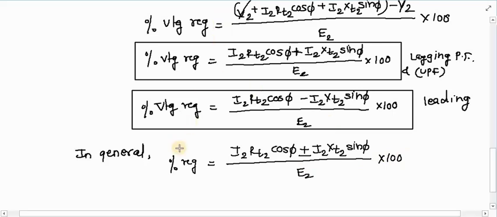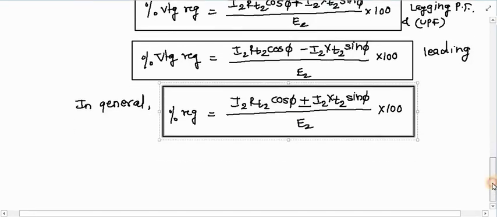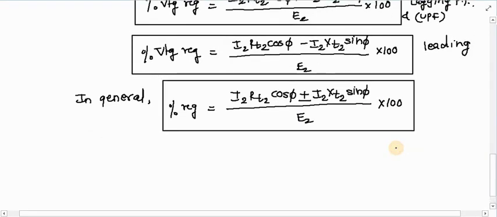Plus sign we have to take for UPF and lagging power factor. Negative sign we have to take for the leading power factor. This is the formula that I got from the approximate equivalent circuit of the transformer referred to the secondary side.